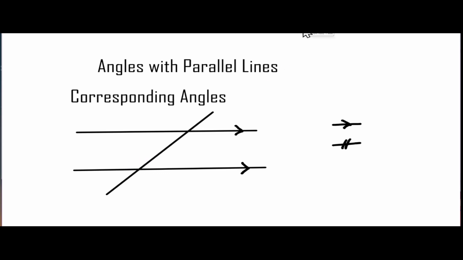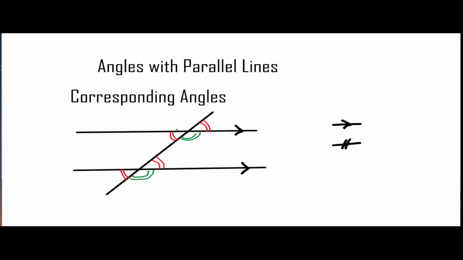So just to draw it. This angle here must be the same as that angle there. Of course, these are opposite each other. So this angle here must be the same as that one there, and must be the same as that one there. And these two here are going to be corresponding as well. And it also means that this angle here must be the same as this angle here.